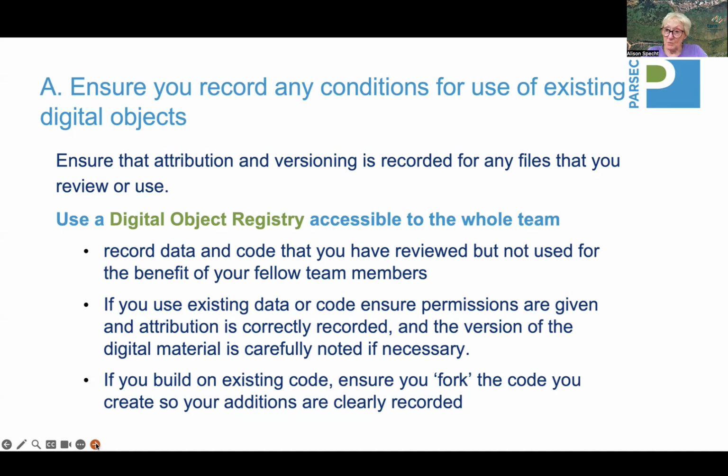If you didn't know it was code version 3, someone reusing your stuff might say, oh, this person almost rewrote your code entirely in version 5. So that's quite an important thing. So don't forget to version.